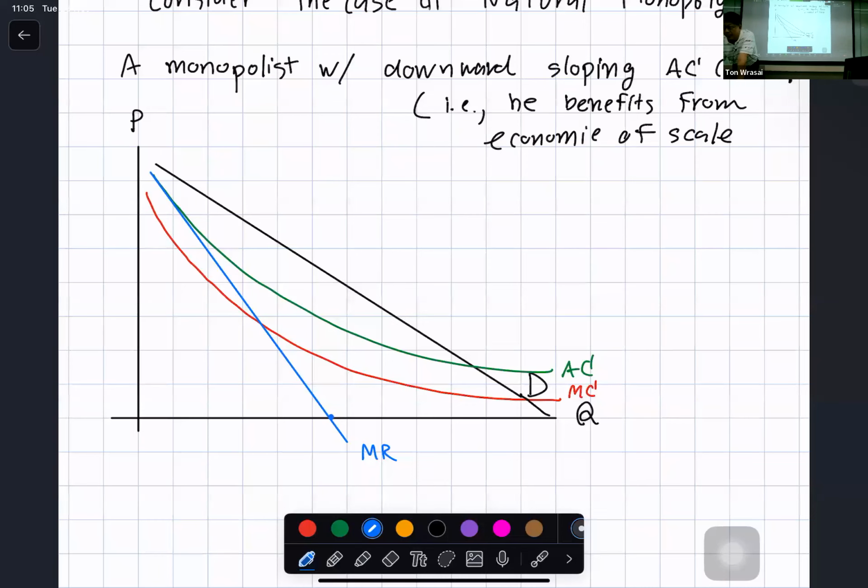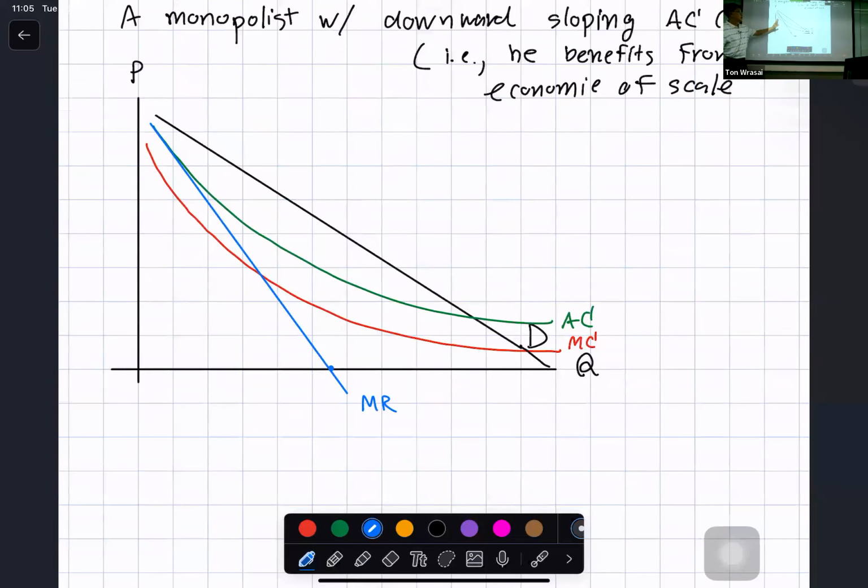First of all, without regulation, the monopolist will produce according to his marginal revenue at the quantity level where marginal revenue intersect with marginal cost. This spot.